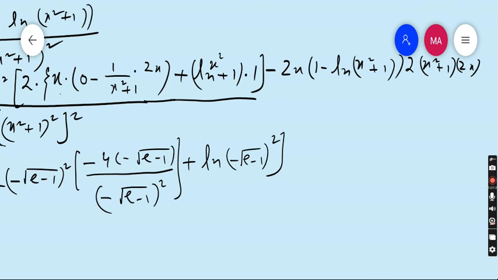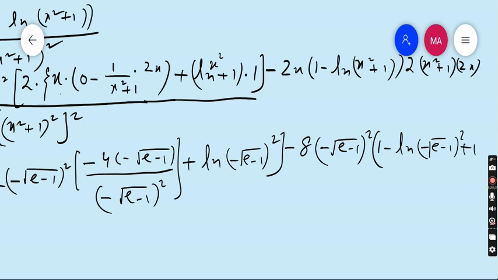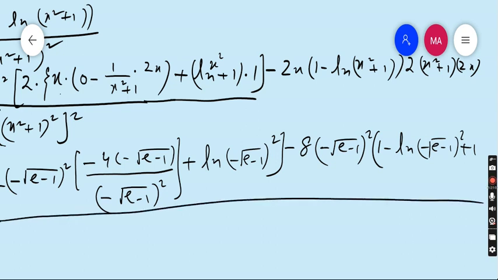Two x into 2, 4, 4 to the 8, 8x square, x is minus root of e minus 1 whole square, 1 minus ln((minus root of e minus 1) whole square plus 1), and whole upon (x square plus 1) with minus root of e minus 1, plus 1, power 2 to the 4.